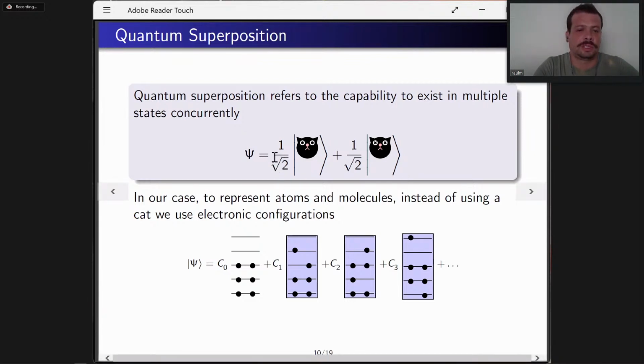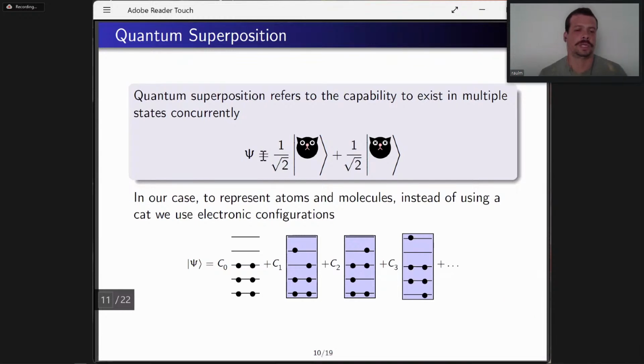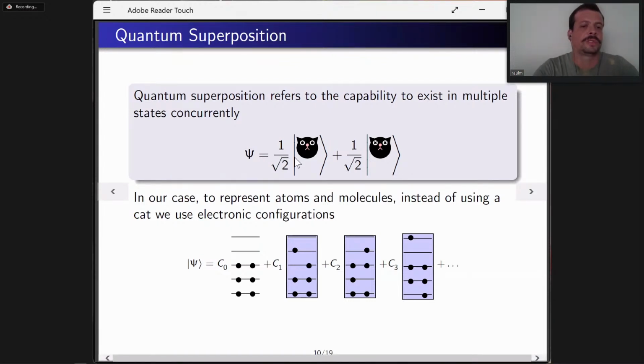We can also see that there is a number multiplying each one of the states. This number just refers to how present a given state is in our wave function. But in our case, we want to represent atoms and molecules. So instead of using this cat, we will use the electronic configurations that I already described.